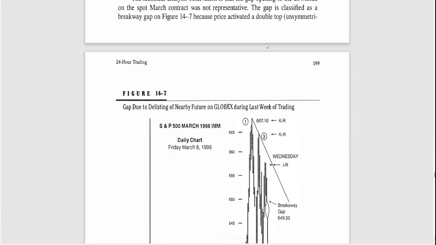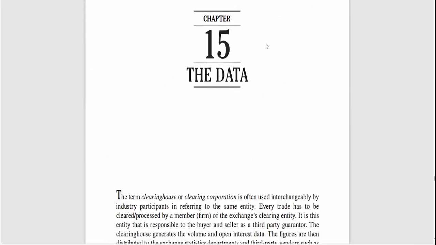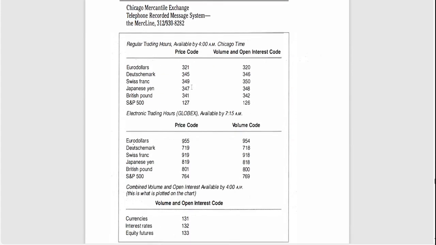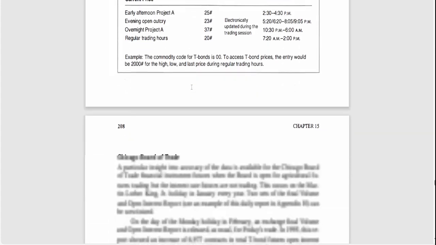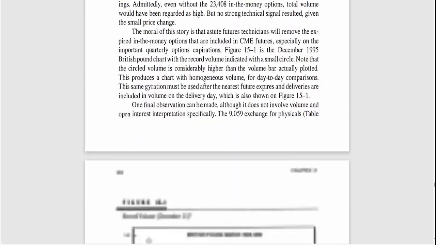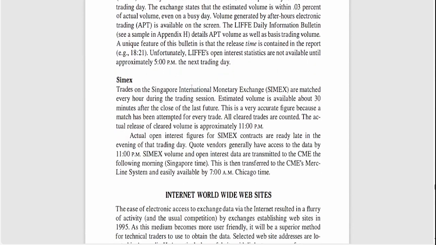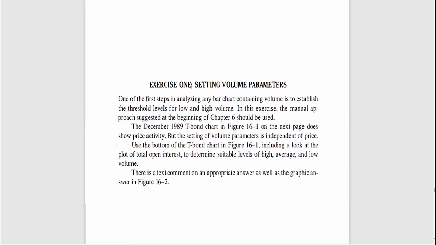Read this whole book, I mean. The data, CME. Just read all this, simply that. Practical exercises, read this.